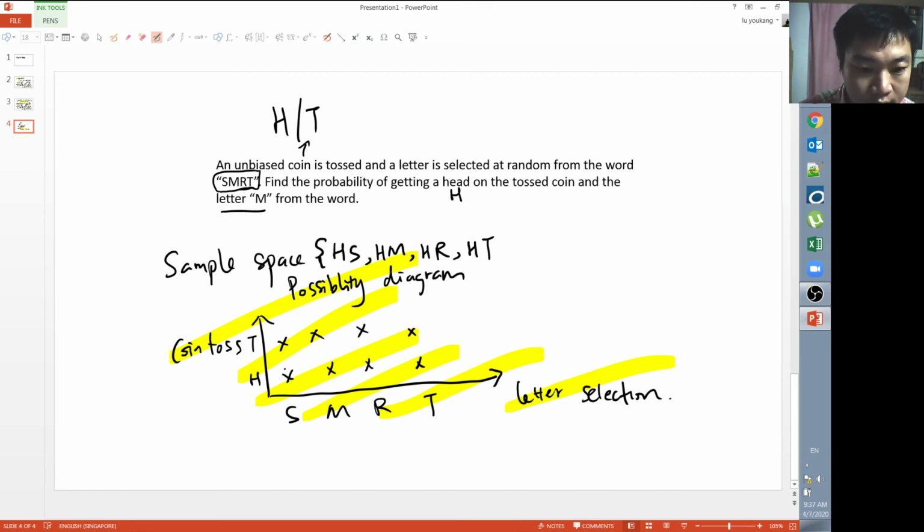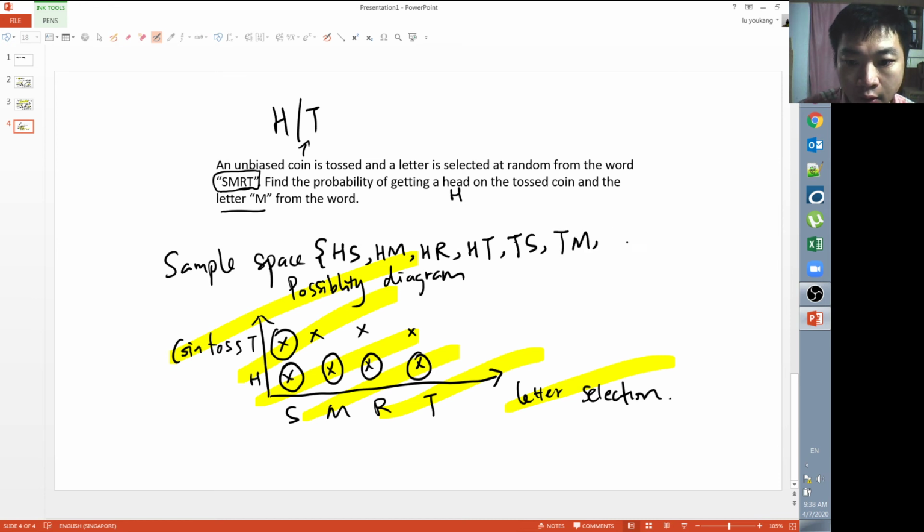How do you read it? This is your HS, your HM, HR, and similarly you have your TS, TM, TR, TT. By having a possibility diagram, it is easier for you to find out your sample space. I hope you can see.